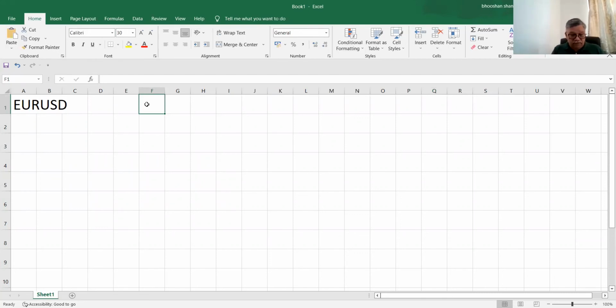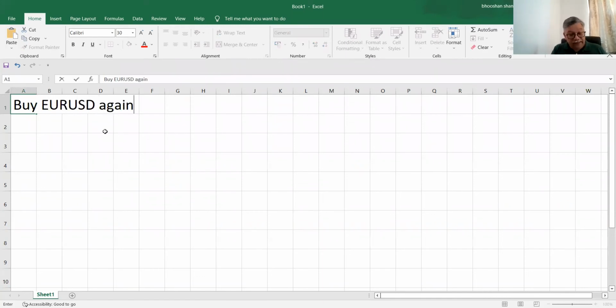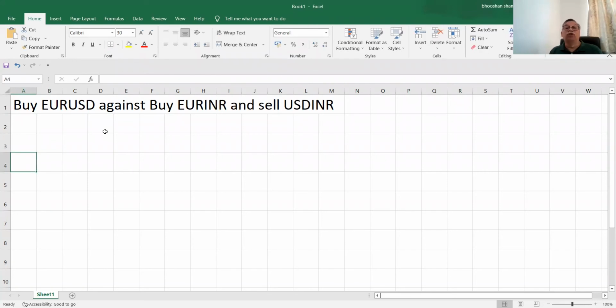If I am buying Euro USD, I'll just take an example. Instead of that, I'm a buyer of Euro USD against buying Euro INR and selling USD INR. So this is the strategy I'm going to do. Now, currently, suppose Euro USD is at 1.1, Euro INR is at 88, and USD INR, let us say, is at 80.